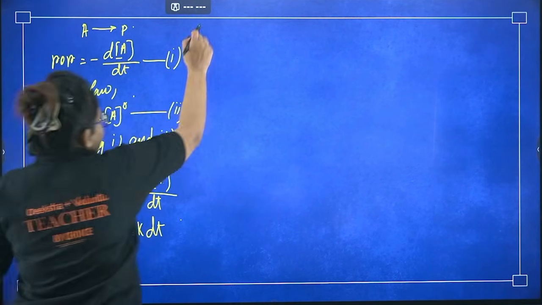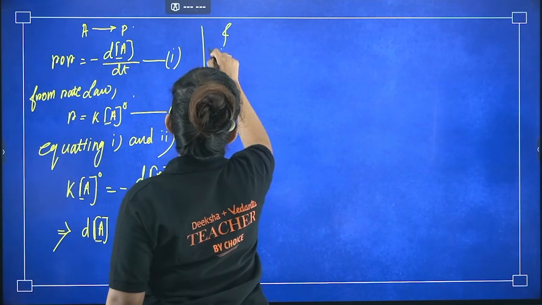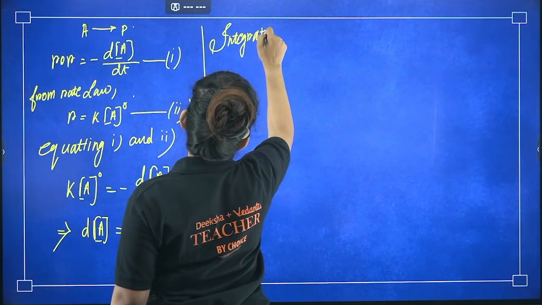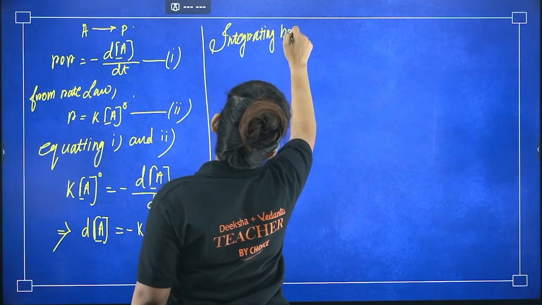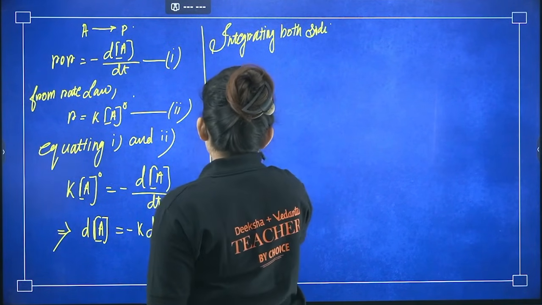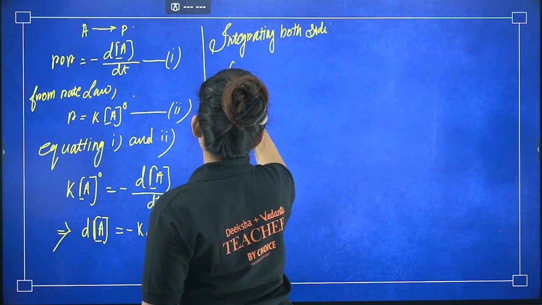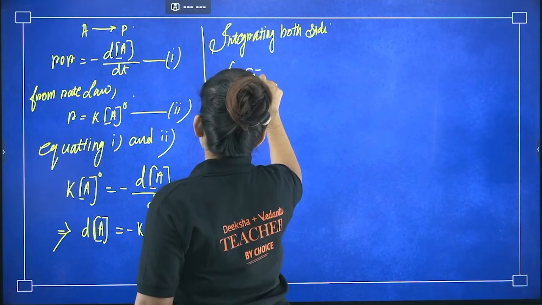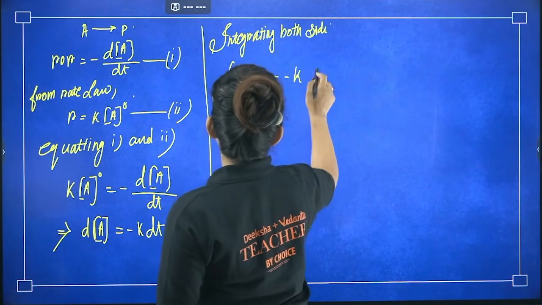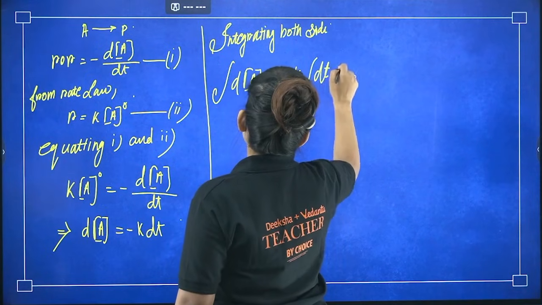Now, integrating both sides. Whenever I integrate, I will put the limits itself. So the integration of dA equals minus k, and k is a constant, so I can keep the constant outside, integral of dt.